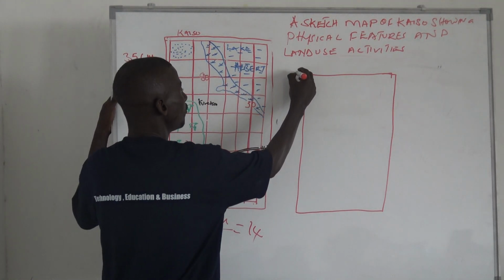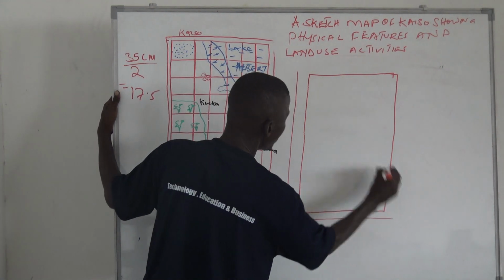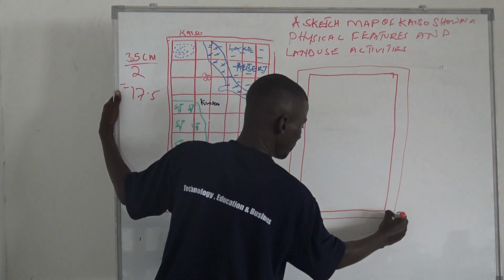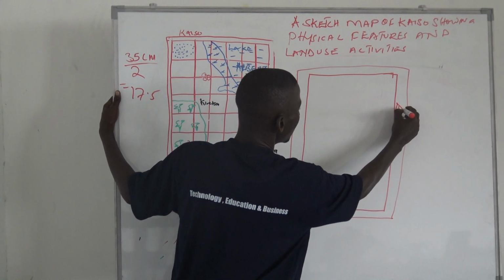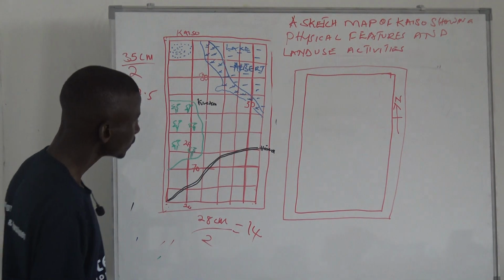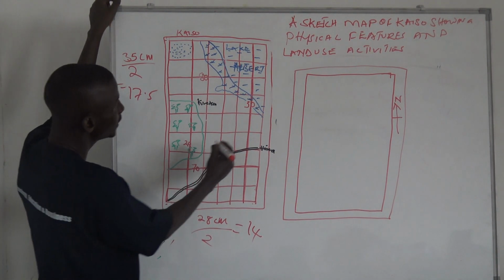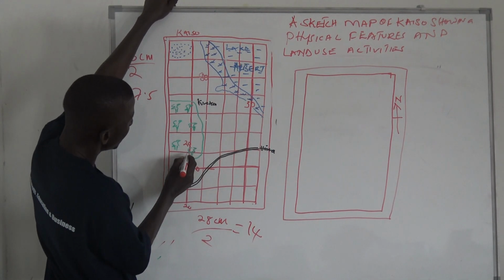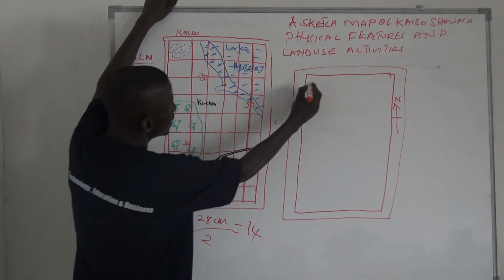After that, put it in a frame. Put in this frame a compass direction. Then come and put in these lines. The thick lines, they are even numbered. Like for example, this line is numbered 20.